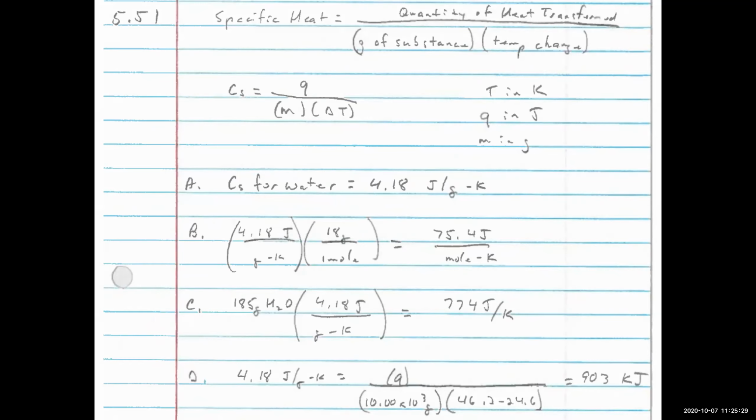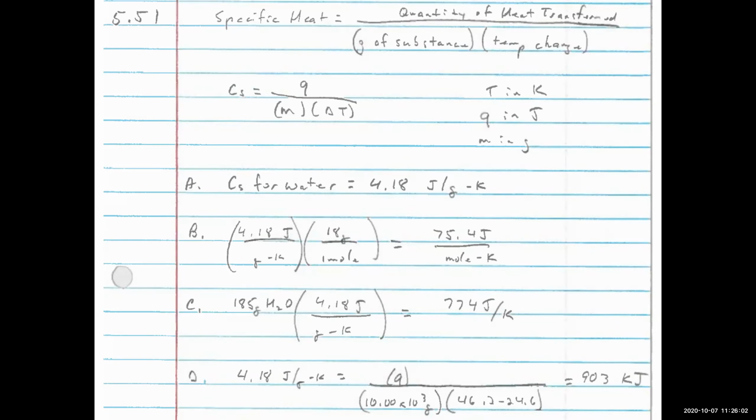Then in B, what is the molar heat capacity of the water? So if it's the molar heat capacity, we said by definition, instead of being joules per gram per Kelvin, it would be joules per mole Kelvin. So what we simply need to do is replace the grams unit in the denominator with moles.